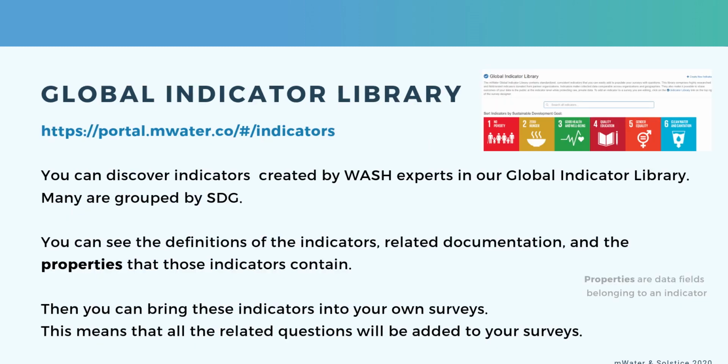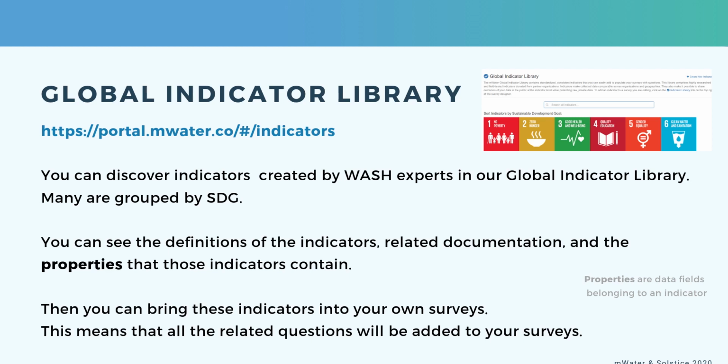Let's go deeper. How do you find indicators? You can go to our global indicator library on portal.mwater.co/hash/indicators or solstice.world/hash/indicators and view our publicly visible global indicator library, where there's a big set of indicators created by, first and foremost, WASH experts. Many and most are grouped by SDG.